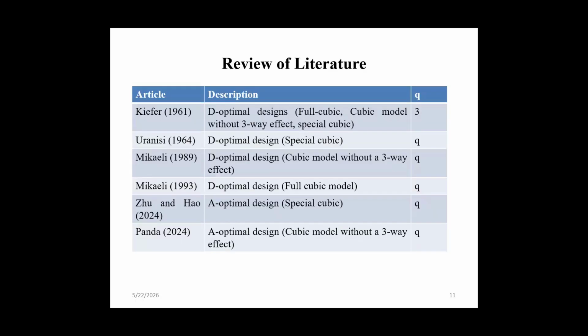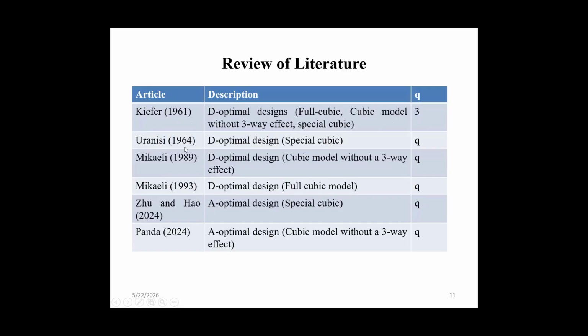Now, a review of literature with reference to the cubic model. Kiefer was the first person who worked on D-optimal design. There are three different types of cubic mixture models in the literature: the cubic model without three-way effect, the special cubic model, and the full cubic model. In 1961, Kiefer found D-optimal design when q is equal to 3.